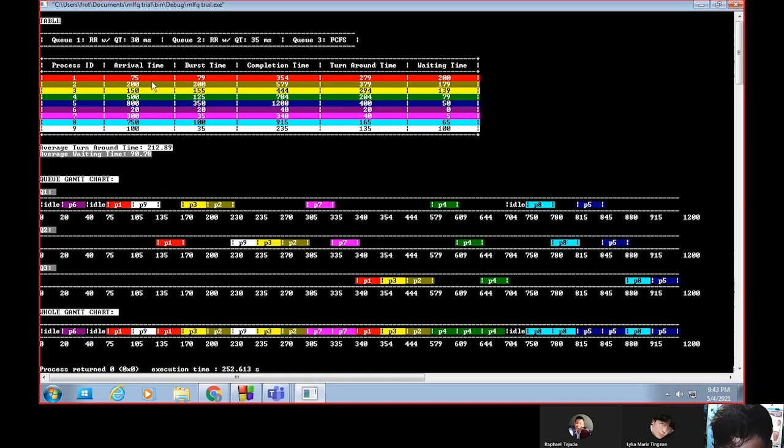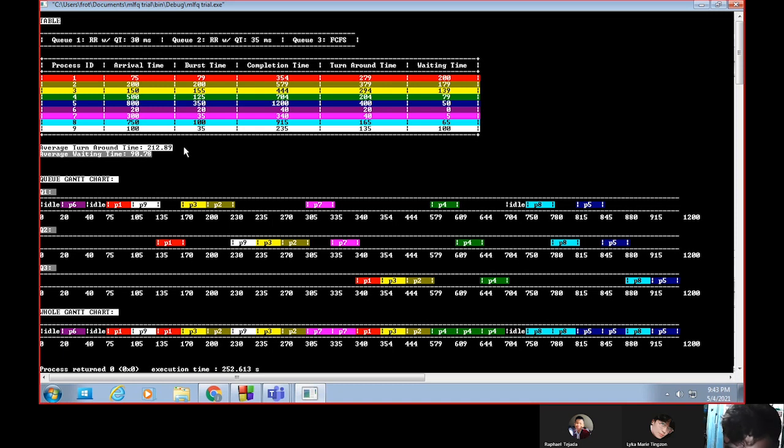So here, 354 minus 75 is 279, and 279 minus 79 is 200. So the waiting time of process 1 is 200 and the turnaround time of process 1 is 279. The same goes for P2: 579 minus 200 is 379, and 379 minus 200 is 179. The same goes for all other processes.